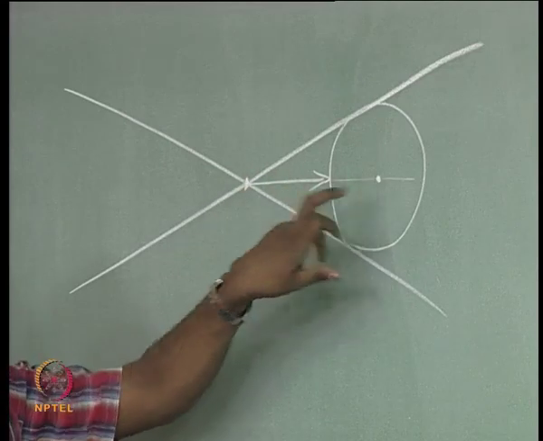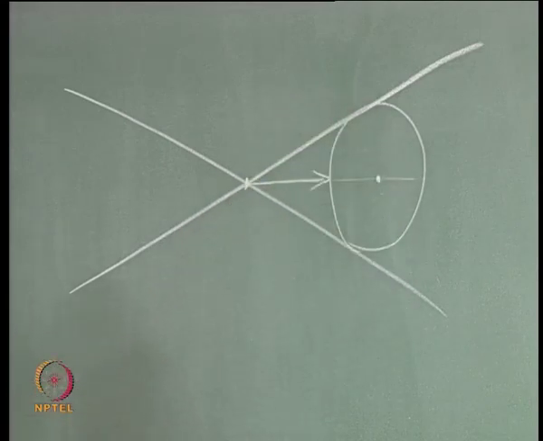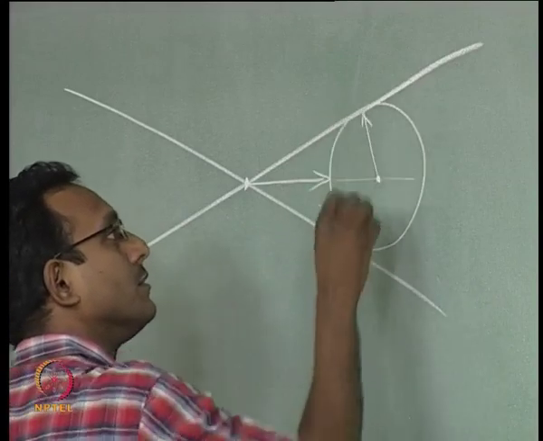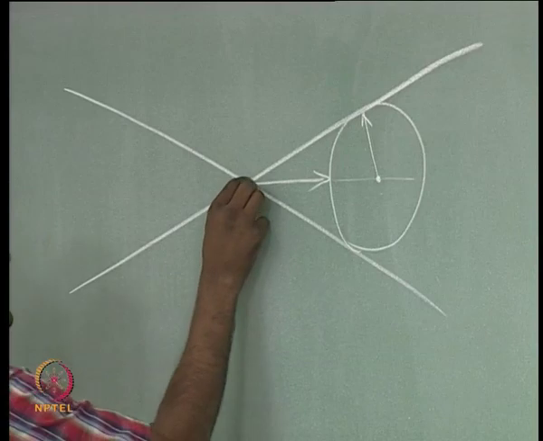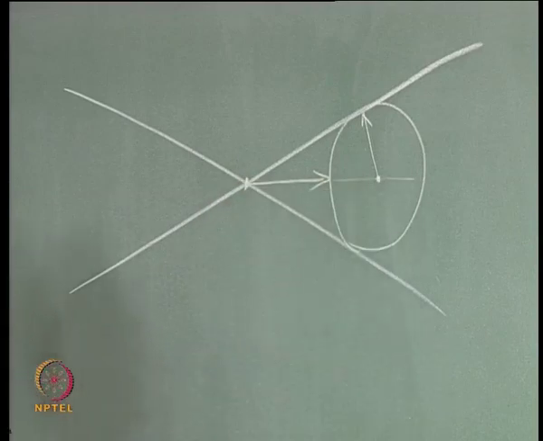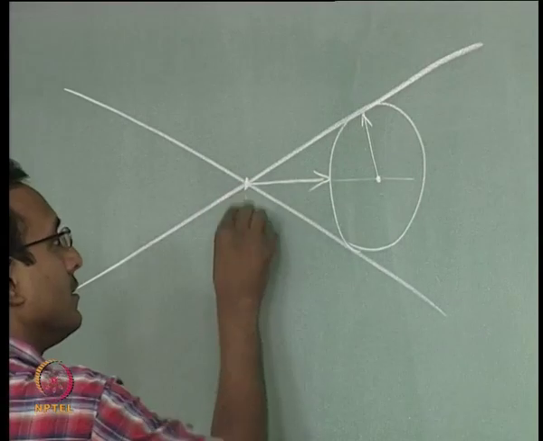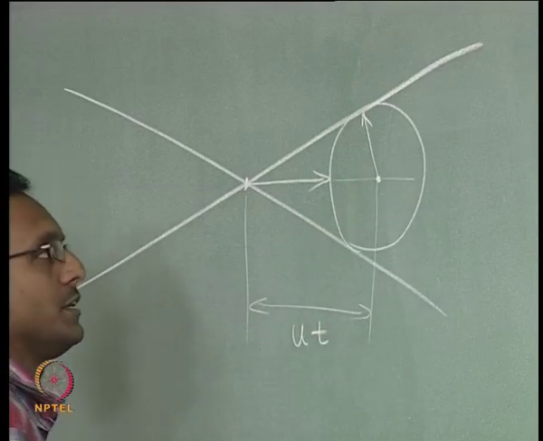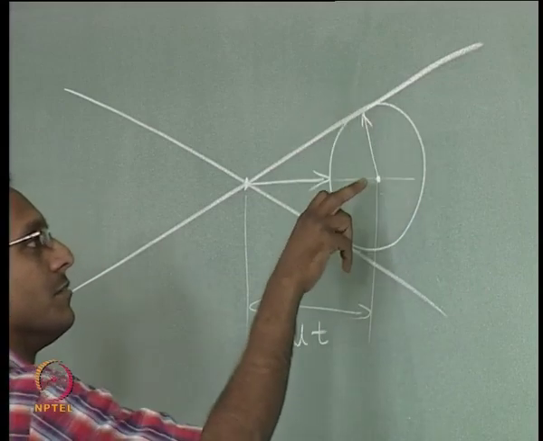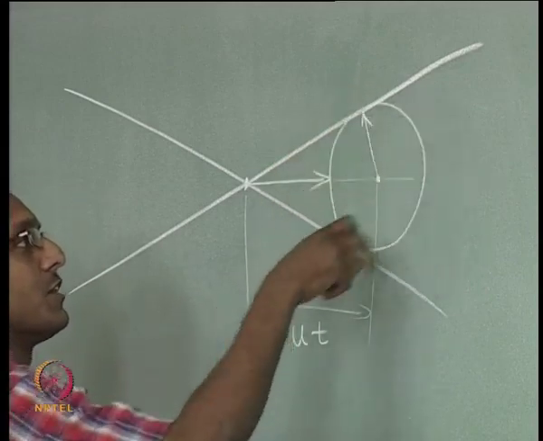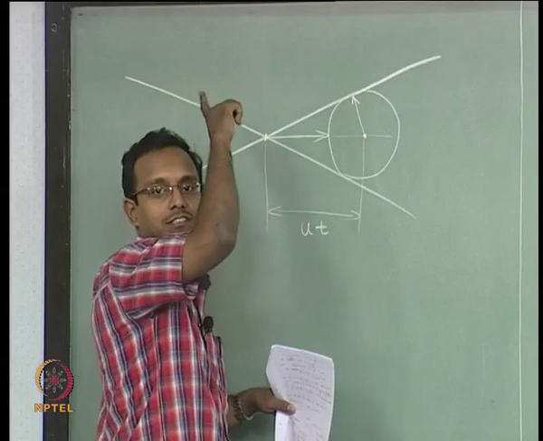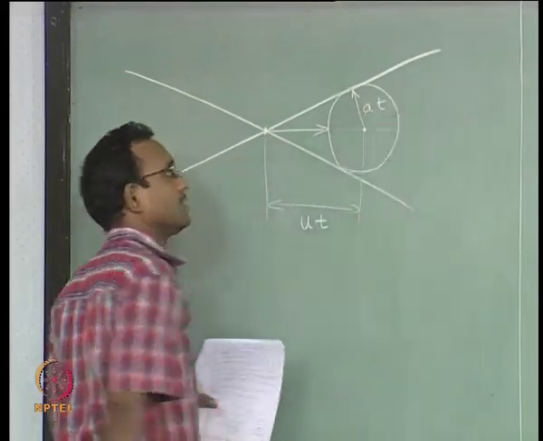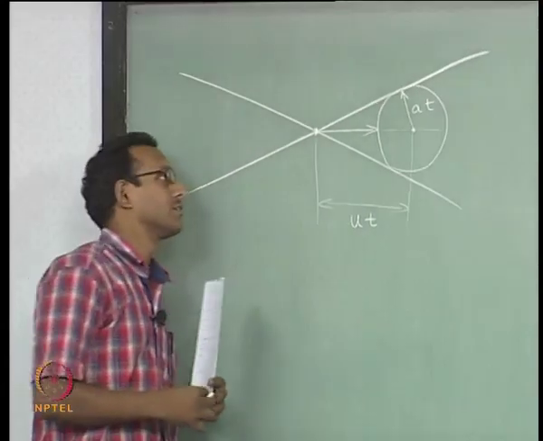Currently the point is here and the wave is here. Let us say the point took some time t from here to here, then this distance is u times t, while with respect to this it is just going out circular. So, the radius is equal to a times t, where a is the speed of that wave specifically.